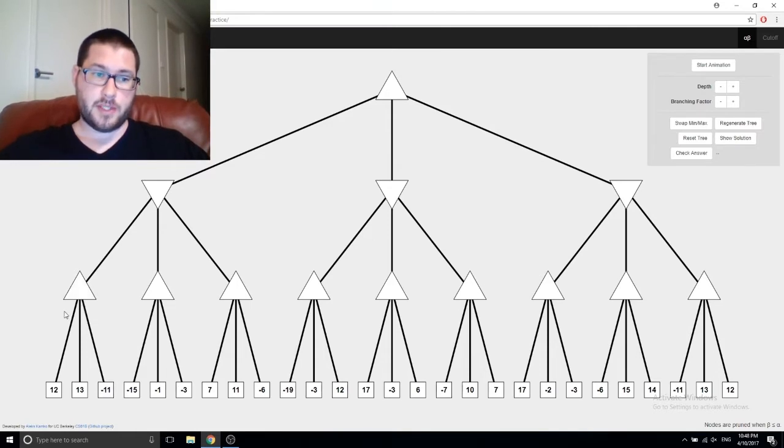So if you were in this position, you would want to take the middle path, which would lead you to a state with a heuristic value of 13. And because a path exists from this node to a state where the heuristic value is 13, we can say that this node also has a value of 13.